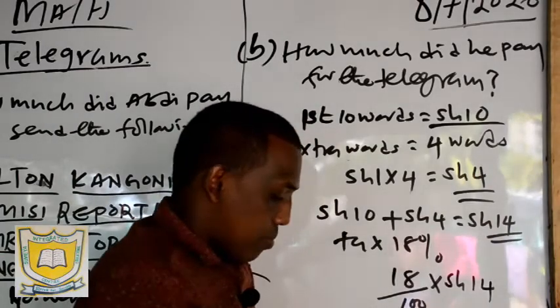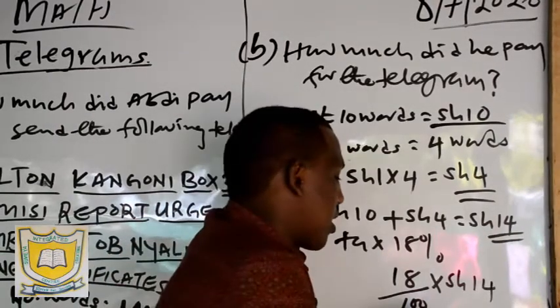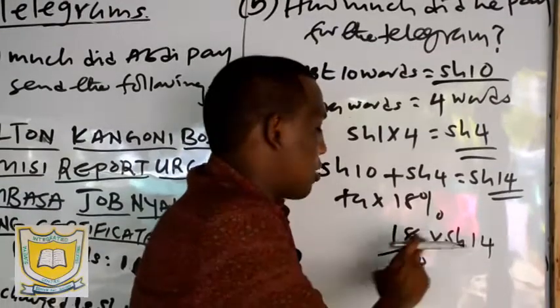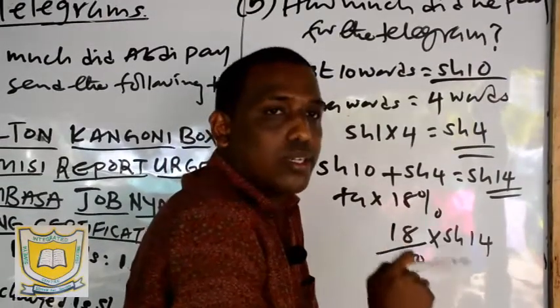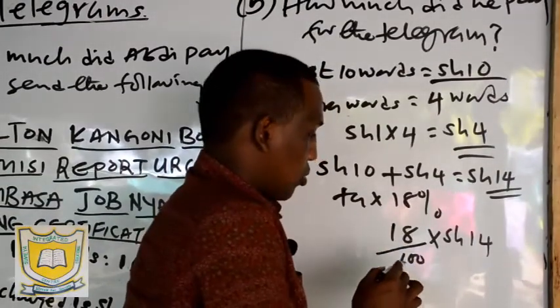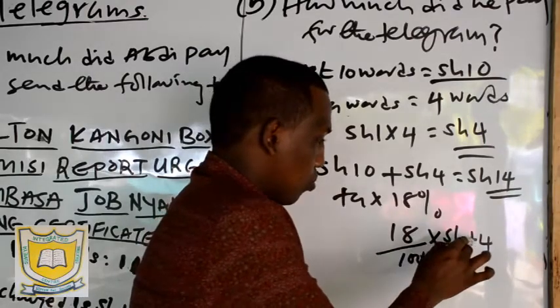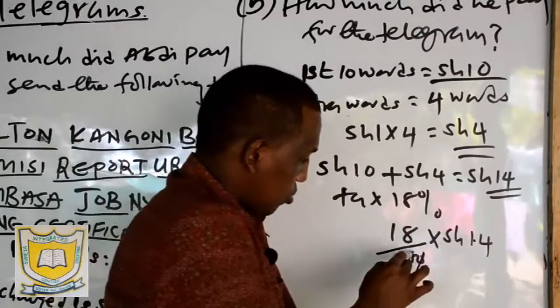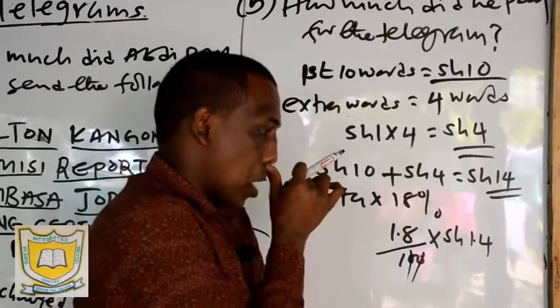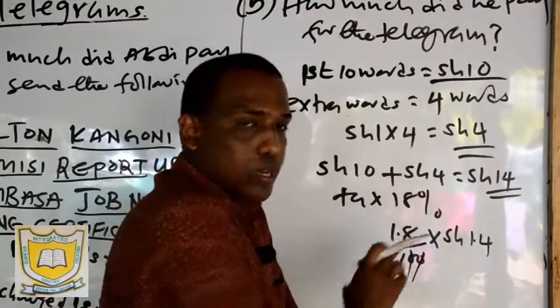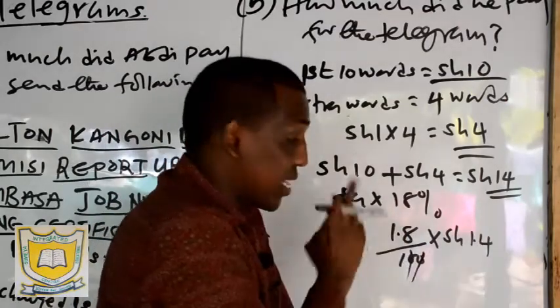Remember, when we are dealing with a telegram, we don't simplify, we only need the decimals. So you cancel and put the decimal there. You don't say divide by 2, no. We only want the decimal points in a telegram, take care.